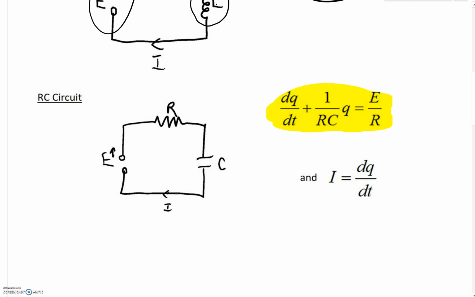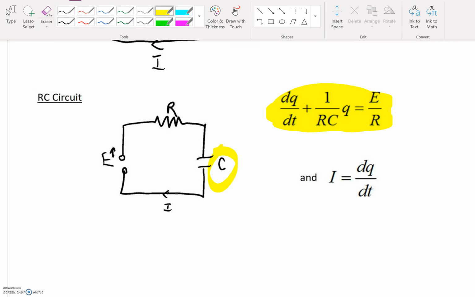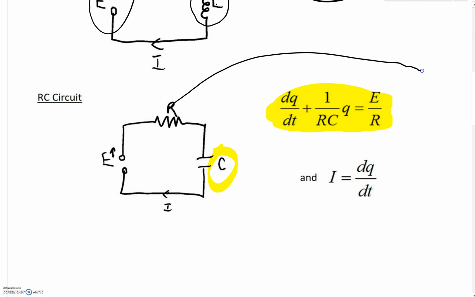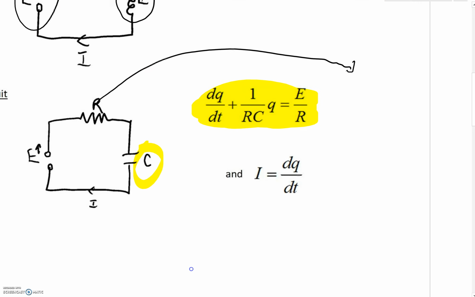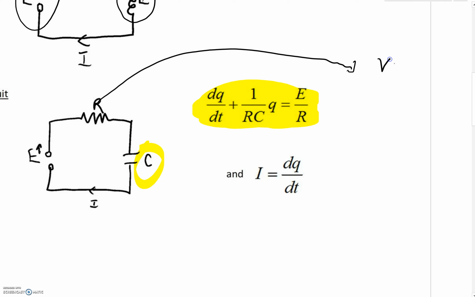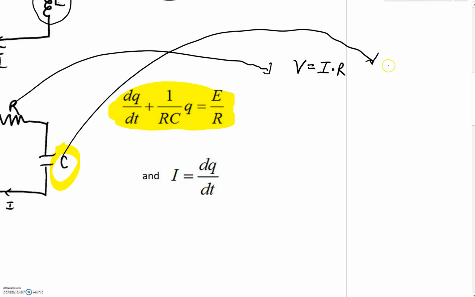Likewise, we could have an RC circuit. We could have a resistor and a capacitor. We could do the exact same thing. Let's take care of the voltage drop for the resistor. V equals I times R. Then let's look at the voltage drop for the capacitor.